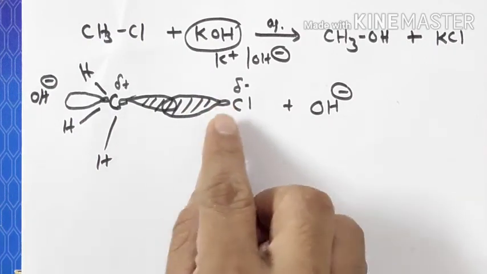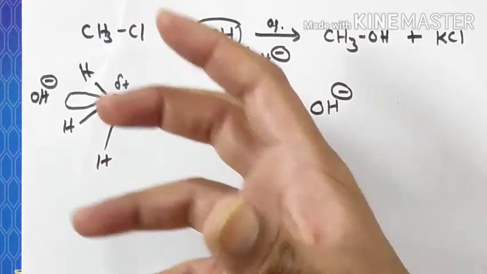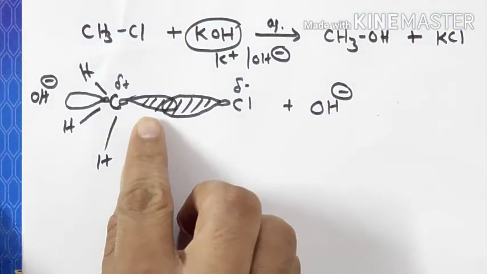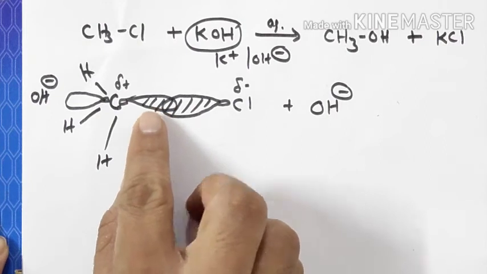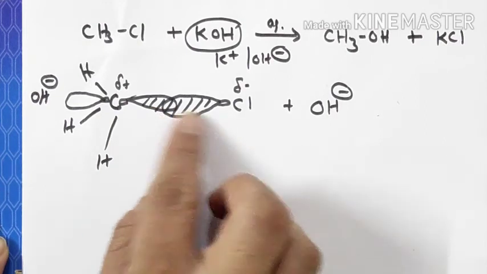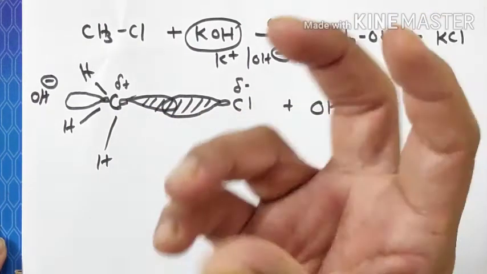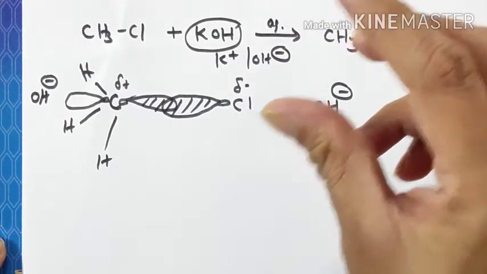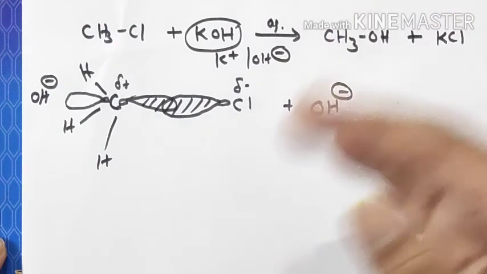Assume it like this: because chlorine is more electronegative, electron density will be shifted more towards chlorine. The electron density should be equal in both orbitals, just as smoke in a vessel should be equal everywhere.